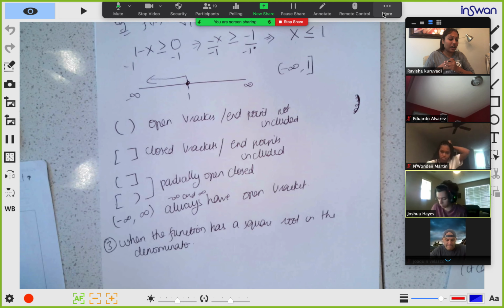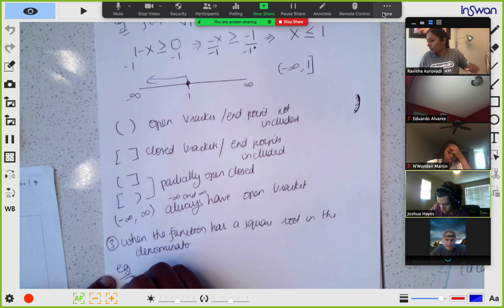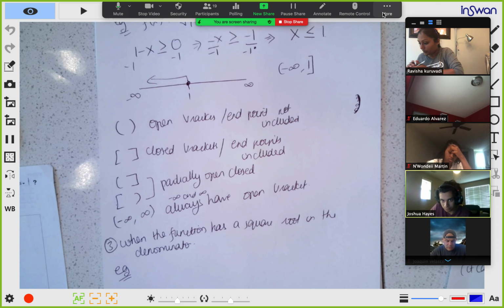What do you do when you have a square root in the denominator? Example, let's take an example. Let me see if I have an example, square root in the denominator.